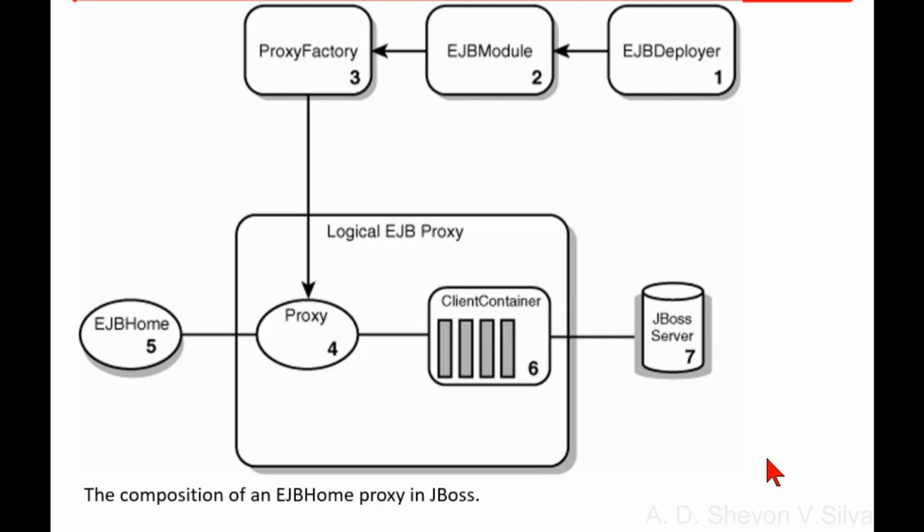Let's begin our tour of the EJB container by looking at the client view of an EJB through the home and remote proxies. It is the responsibility of the container provider to generate the javax.ejb.EJBHome and javax.ejb.EJBObject for an EJB implementation.